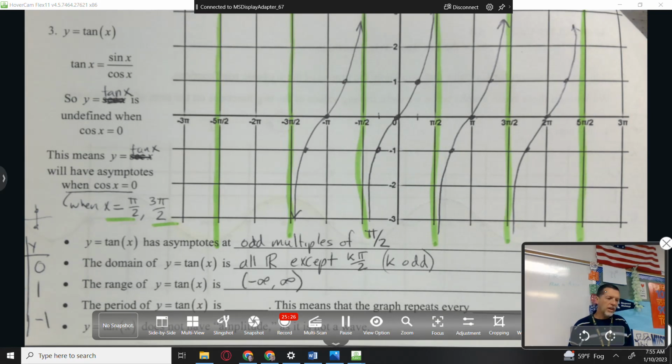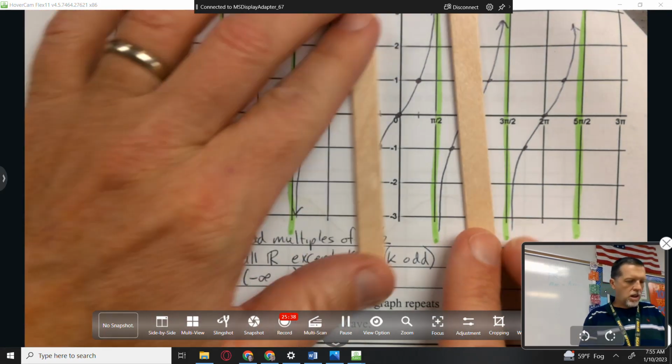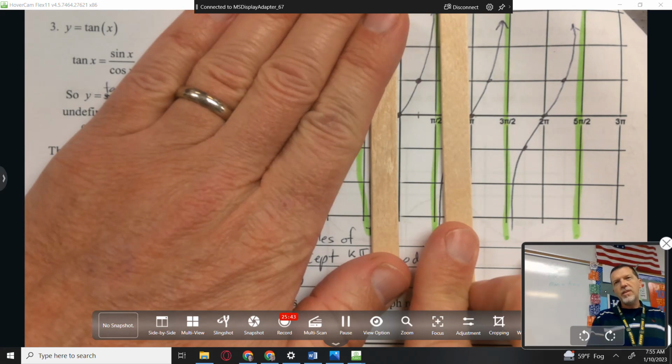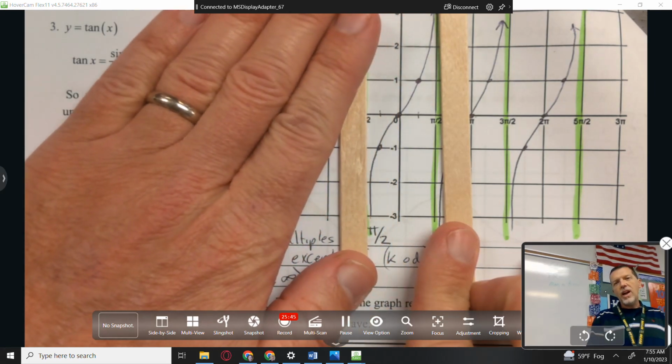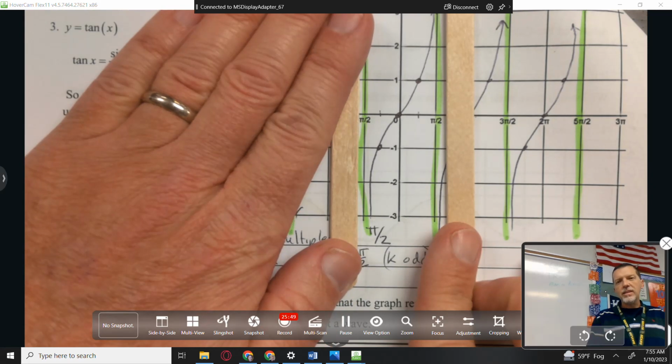The period, remember that's how wide the window needs to be to see the whole thing. So how wide a window do you need? Well, 0 to pi over 2, that wouldn't get you all of it. There's one cycle. How wide is that window I'm looking at? 2 blocks, okay.